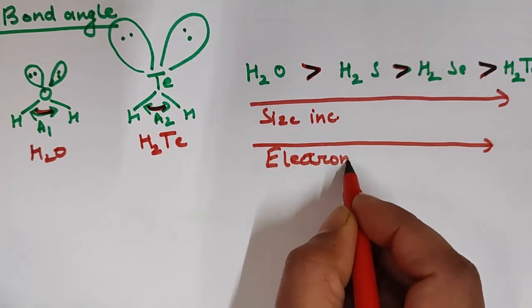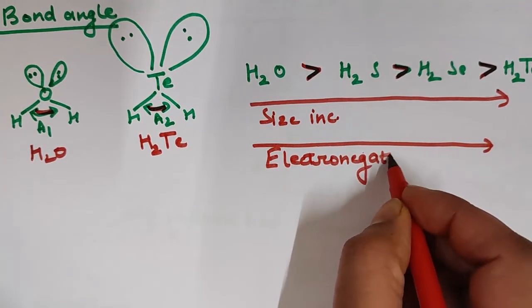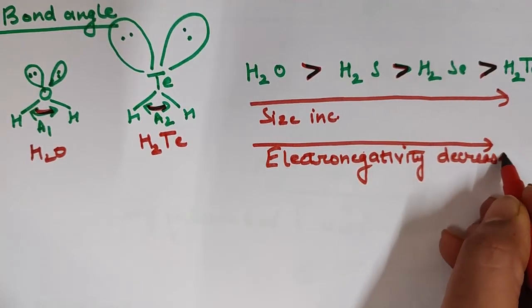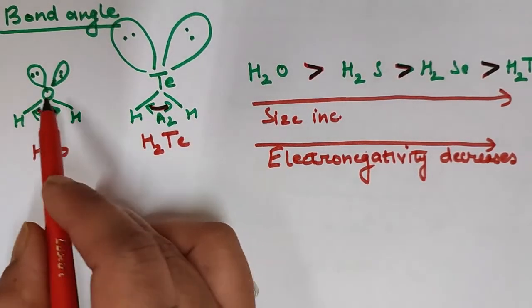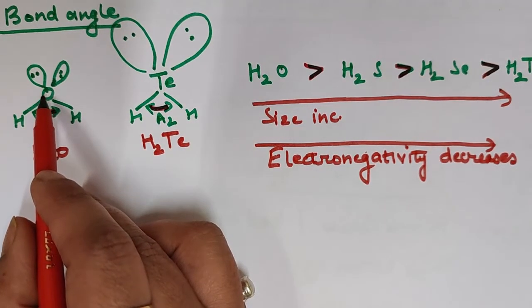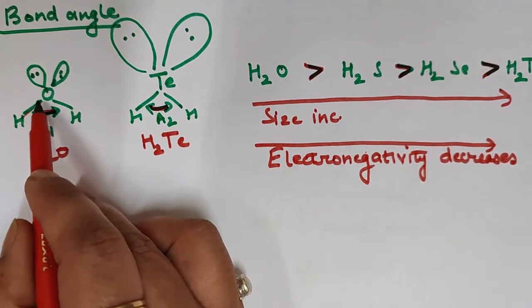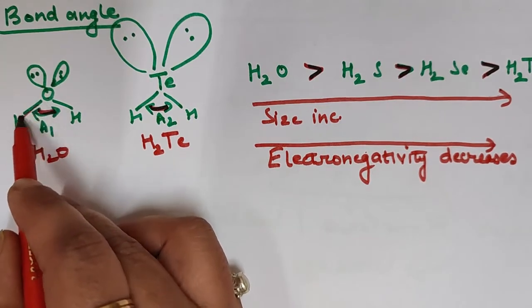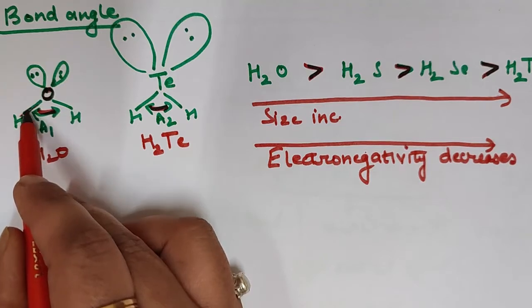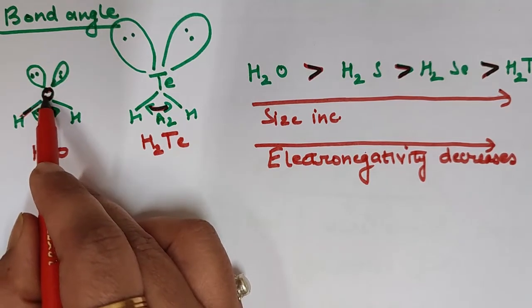Because size increases down the group, and the second factor is that electronegativity decreases. Now what happens if electronegativity decreases? Oxygen is more electronegative, so it will attract the electrons of this bond pair toward itself.